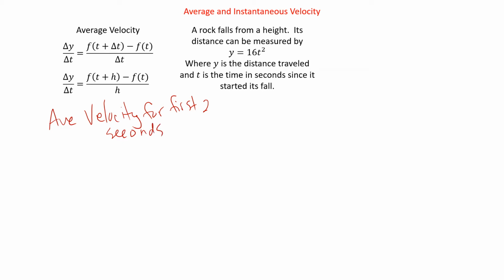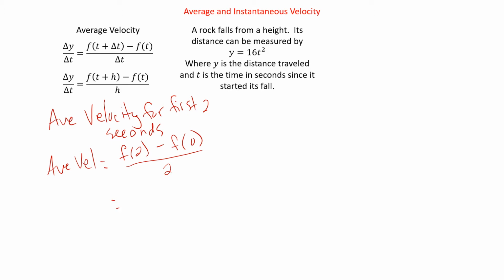what we would do is we have the final distance, that would be f of 2 minus f of 0, because that's where we'd start. Start at 0, go to 2, over change in time was 2.